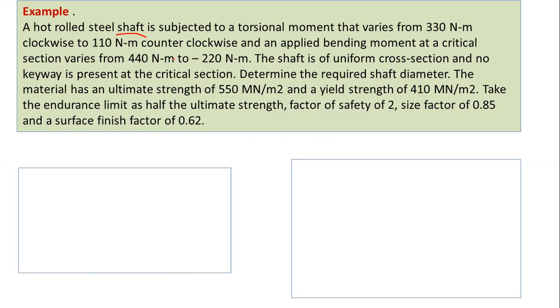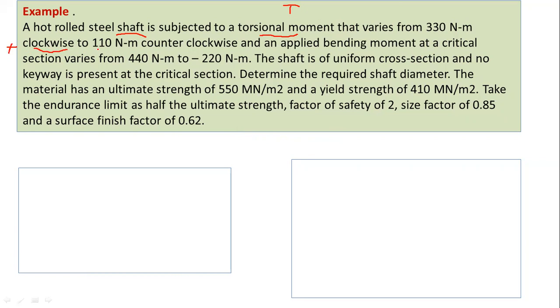A torsional moment means torque. Here the torque is given. Torque 330 Newton meter clockwise. For clockwise direction, you have to consider positive sign.